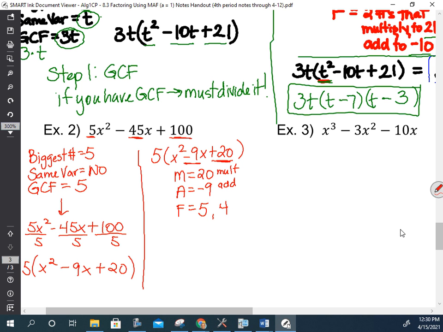All we need is a negative, so make both of them negative. The only thing that was wrong is that they weren't negative. You had the right numbers. So there's your two numbers.